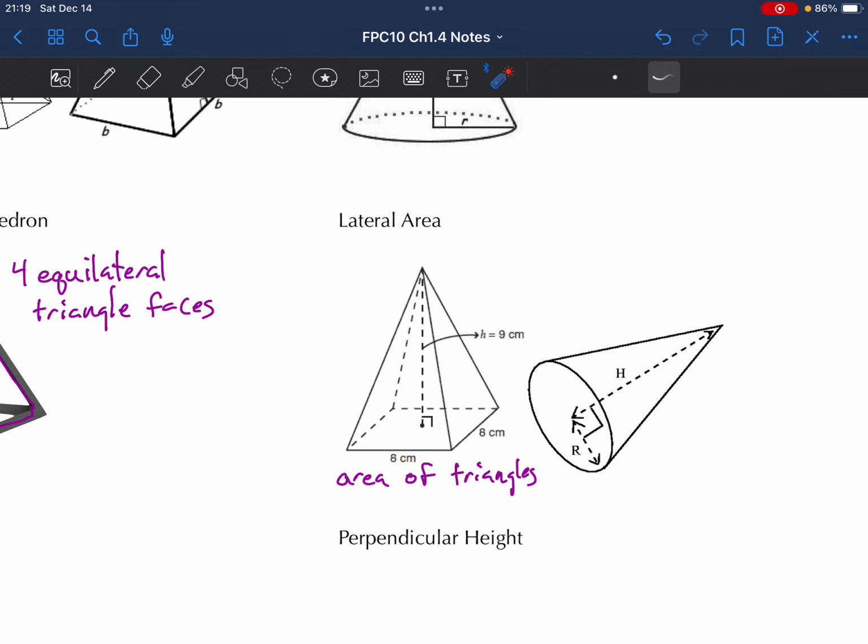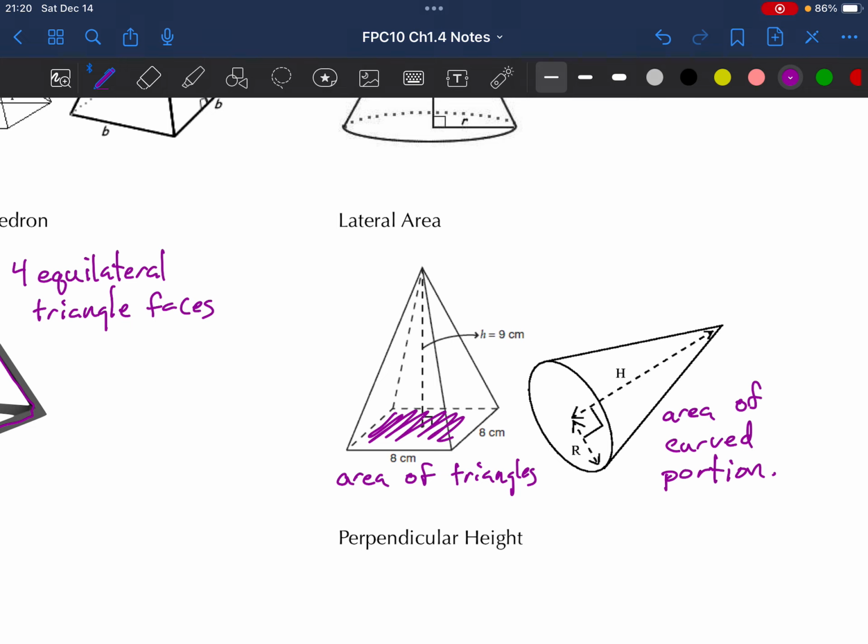In our cone, the lateral area is just the area of this curved part. All right, so that's lateral area. The bottom is called the base. That's the area of the base.